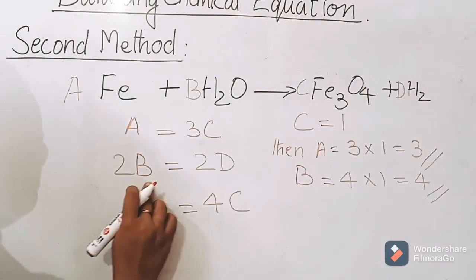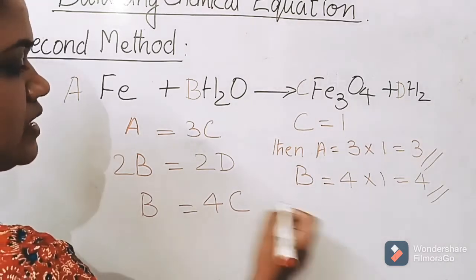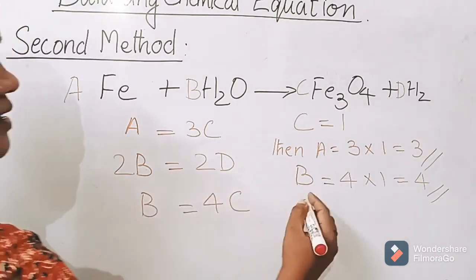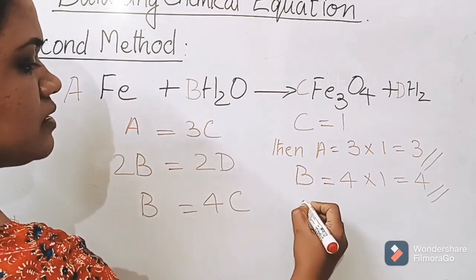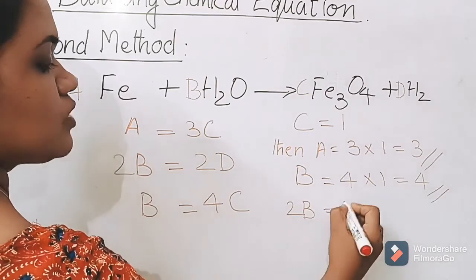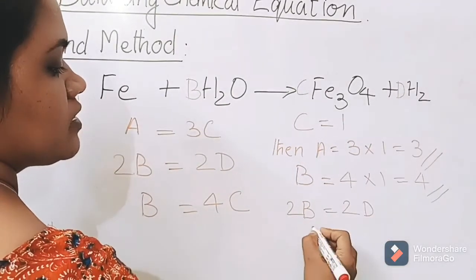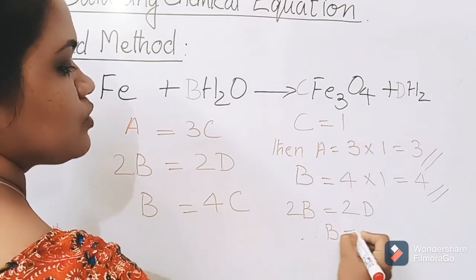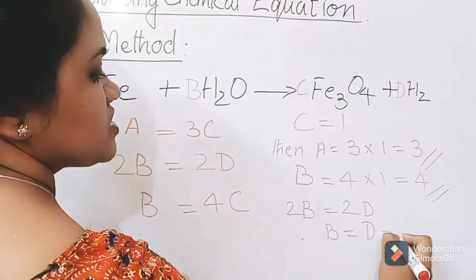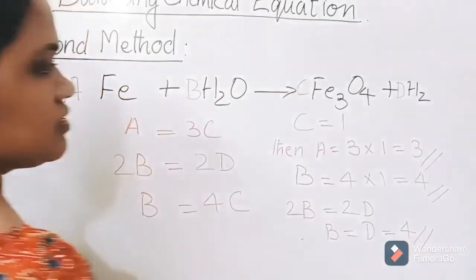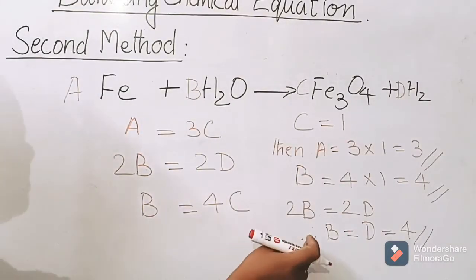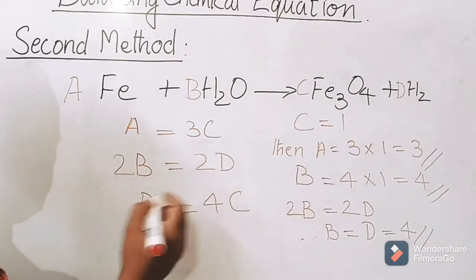Now about B and D. Comparing B and D, 2B is equal to 2D. Therefore, B is equal to D, which is equal to 4. Now, put the values.